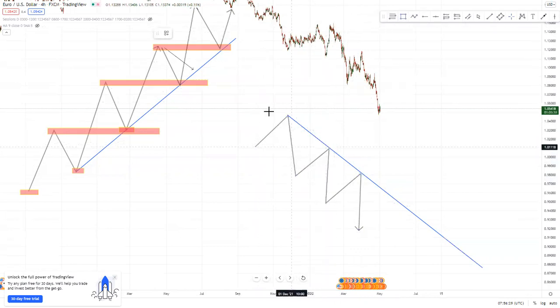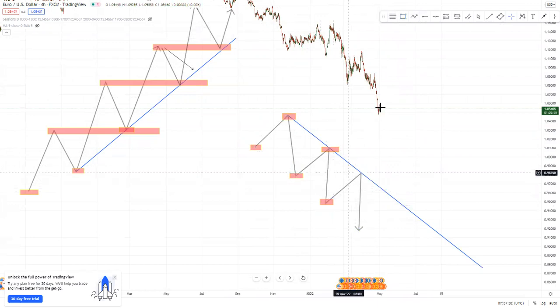So here you will all agree with me that the market is moving from this side to this side, then from that side to this side, then from this side to this side, then from that side to this side, then from this side to this side.